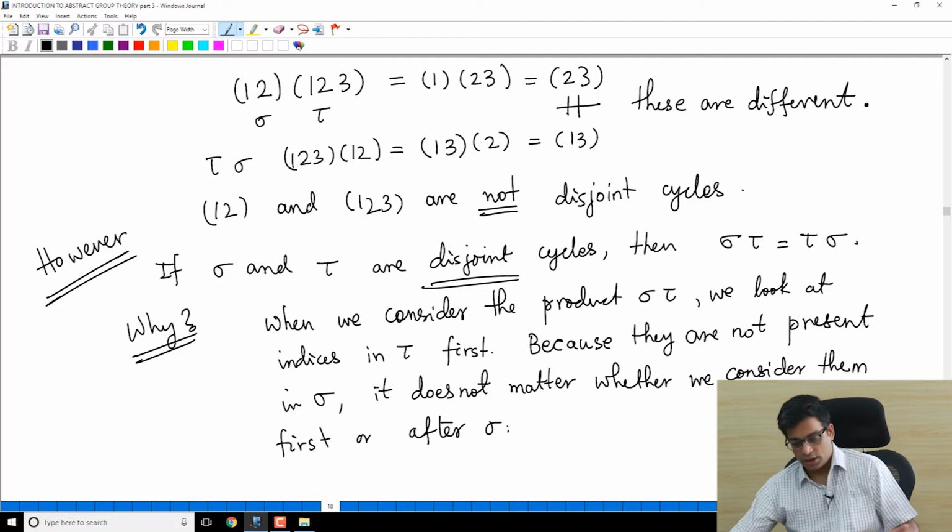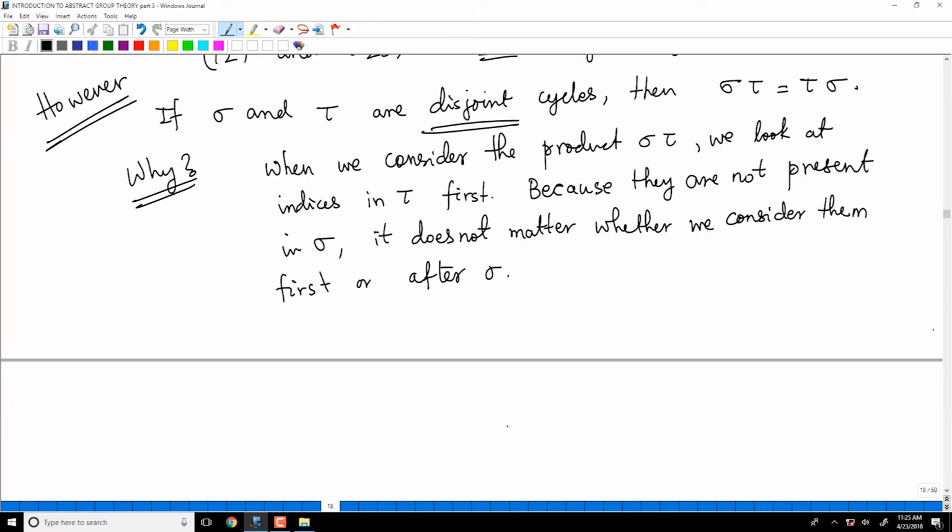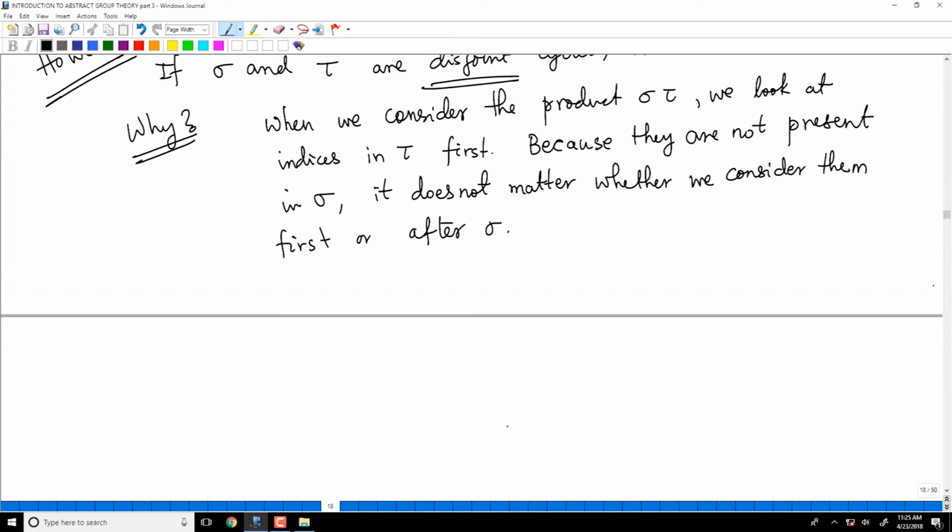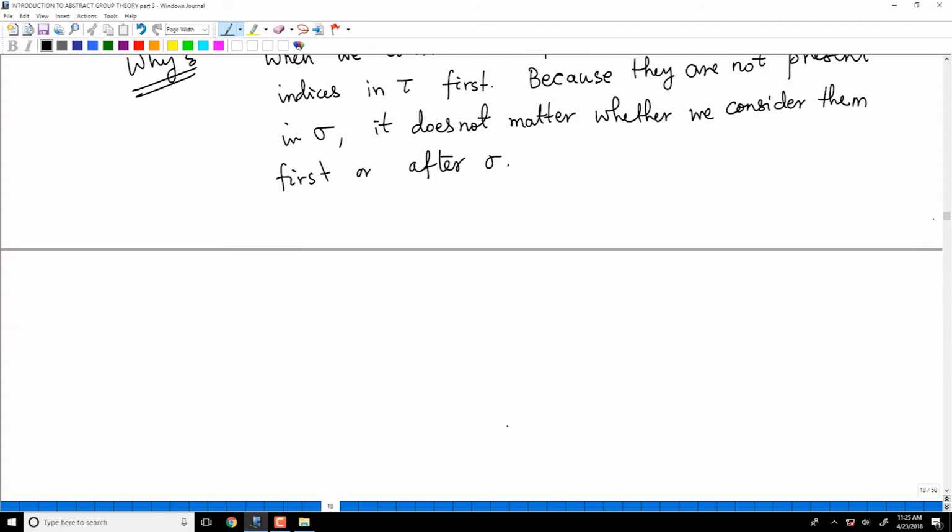Okay, so this is just something that hopefully is very clear. It may not be necessary, but let's just illustrate this. For example, if you have (1 2) and (3 4), this is sigma and this is tau. Look at the indices in tau. 3 goes to 4, right? But 4 is not present in (1 2). So 3 goes to 4 under the product also.